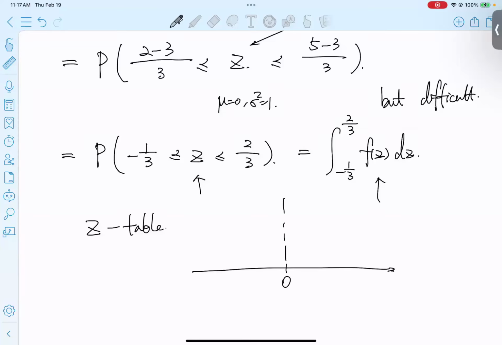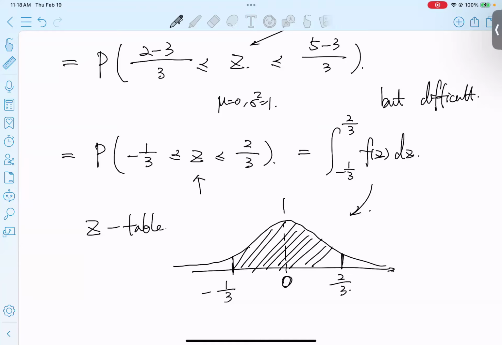After the transformation, we have the center around 0, and we are interested in the region from negative 1/3 to 2/3. That is, when we perform this integral, what we're actually calculating is the accumulated area here, defined by a continuous function, the probability density function.